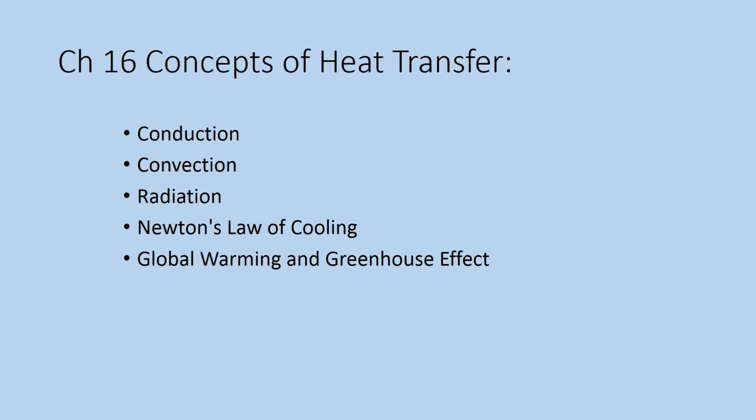And the last one we'll talk about is the effect of the heating of the Earth by means of what's called the greenhouse effect. This is a radiation transfer of heat from the sun.